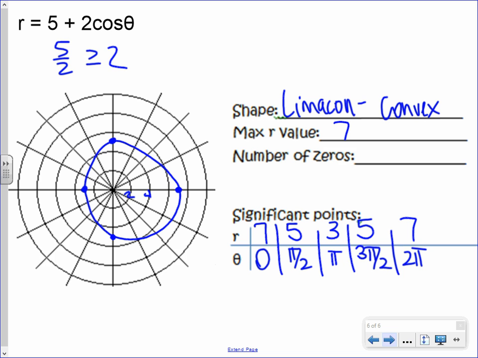To me, it kind of looks like a guitar pick a little bit. It's just a little squished over here. And since we don't go through the pole, there are no zeros.